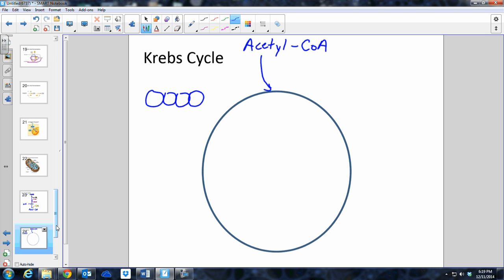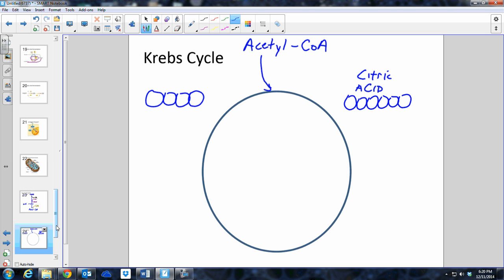And acetyl, a 2-carbon molecule, is going to join to this 4-carbon molecule, and that, of course, is going to create a 6-carbon molecule. And this one we will give a name because the name of this molecule is another name of this cycle. So this is called citric acid, and this is often called the citric acid cycle.